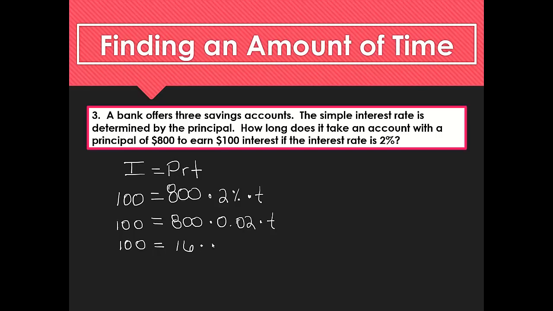So we have 16 times t. Now we can divide both sides by 16. And 100 divided by 16 is 6.25. So that equals t. So the amount of time would be 6.25 years.